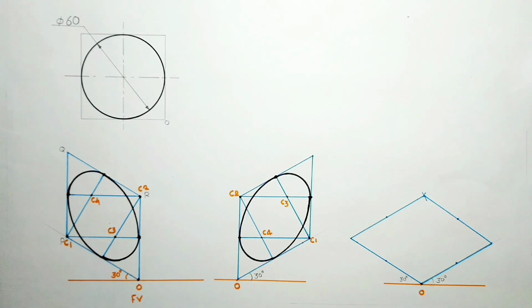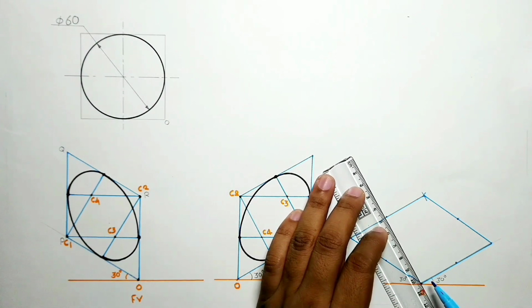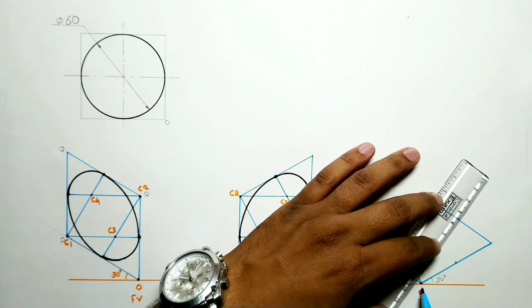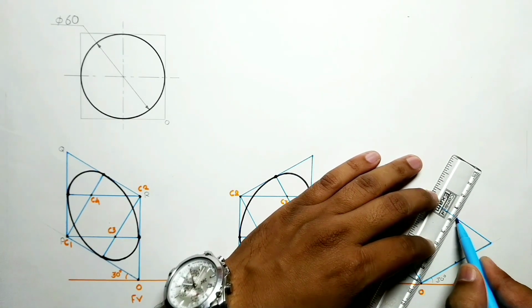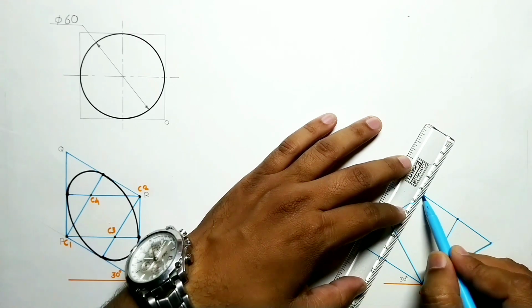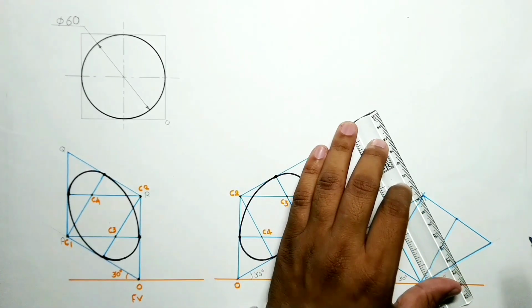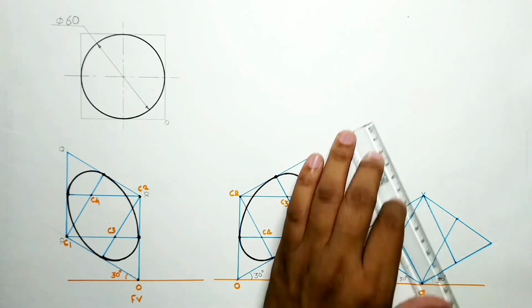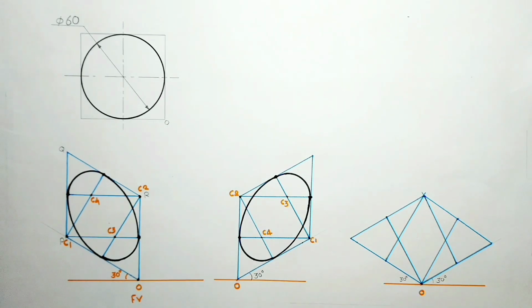Just take care that always join the line from the large angle. Join the opposite midpoint from this large angle. We'll get the 4 centers.